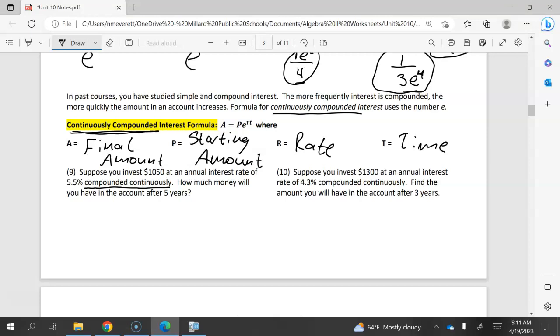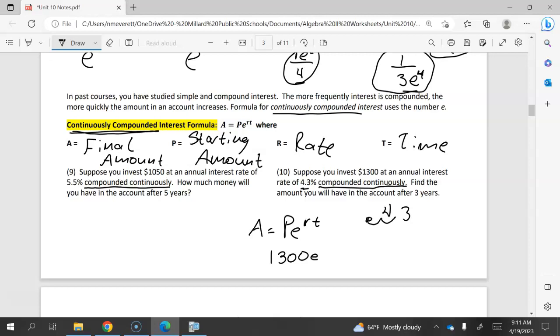So, invest $1,300 compounded continuously. See those words, you use what I call the PERT formula. So, P, e to the RT. Your P is 1,300. E always stays the same. The R is your rate. That is your percentage.